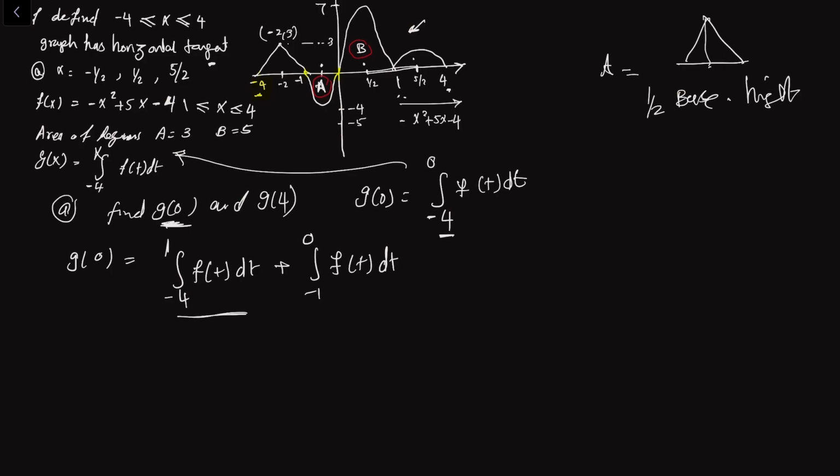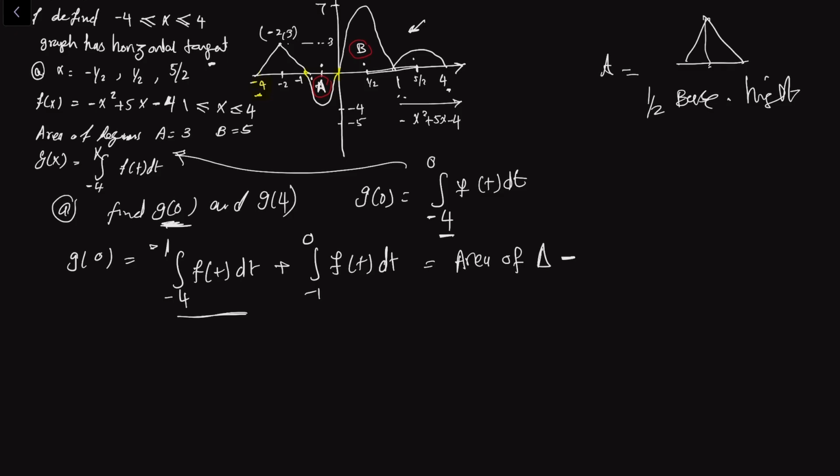The area from -4 to -1 will be the area of the triangle plus the area of A, but this area is negative.